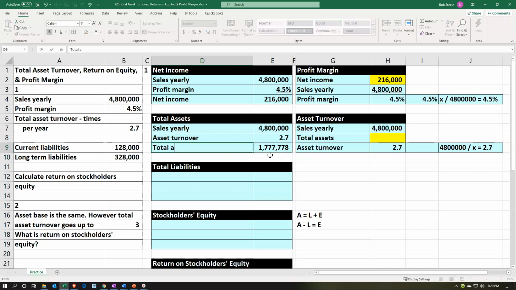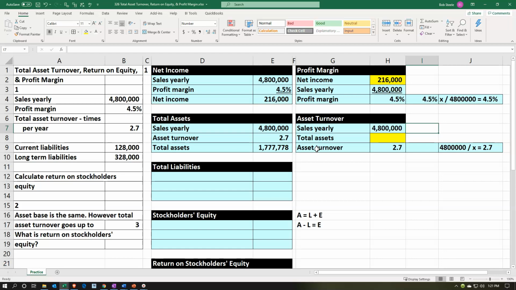So that's a useful relationship to know. If we know the sales and we know the asset turnover, then we can approximate the total assets by taking the 4,800 sales divided by the asset turnover of 2.7. That's because the asset turnover calculation is sales divided by total assets, a measure of how efficiently we're using our assets.